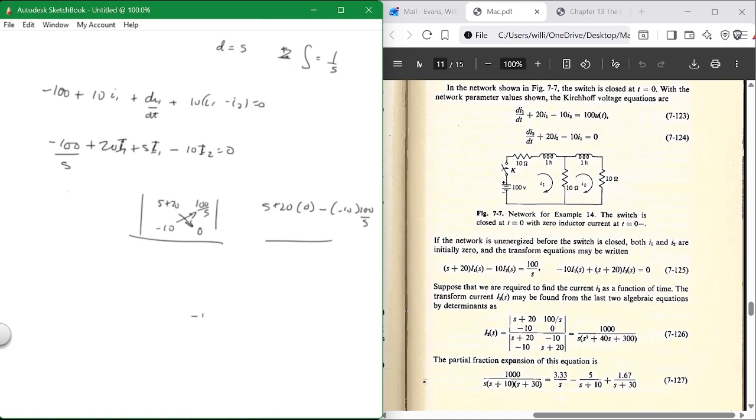For I1 it's minus 10 and s plus 20, and so this is for I2. I1 is equal to, the right column as it should be, the left column is the 100 over s and the 0. That's what's in the numerator for the I1. And that's it.